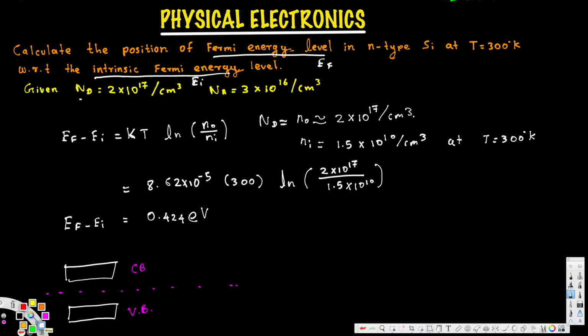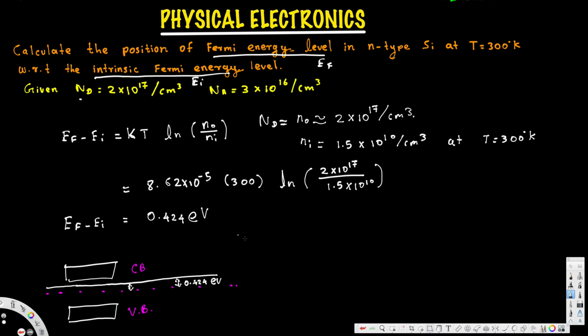Then we are going to have the Fermi energy level a little bit above the intrinsic Fermi energy level, somewhere right here, and the distance we found is 0.424 electron volts. So this is the location we are interested in.